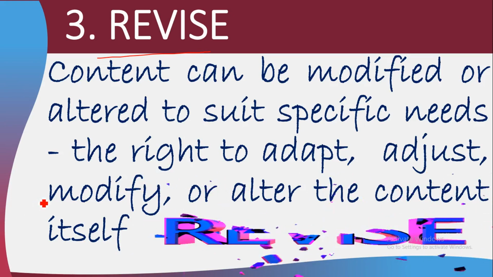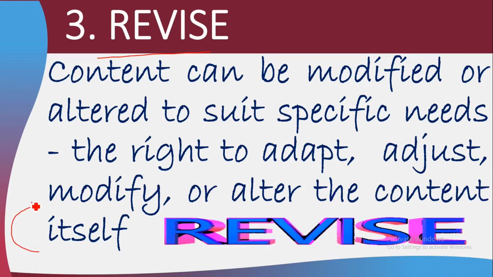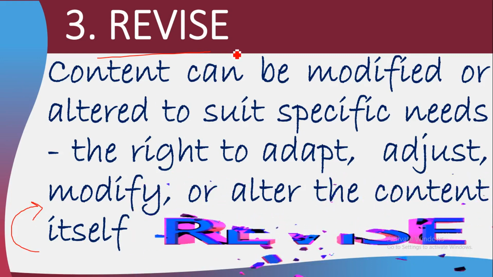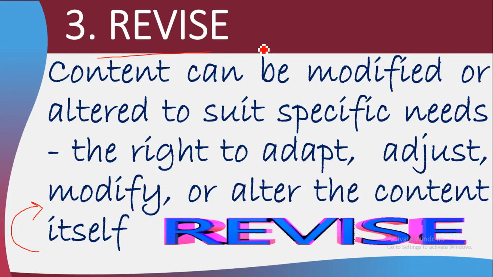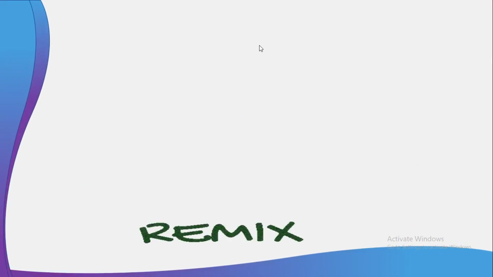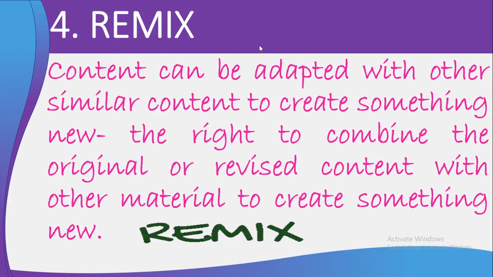So if I want to modify or alter someone else's content, I can do that under the category of revision or revise. The fourth R says remix. I want to remix something.